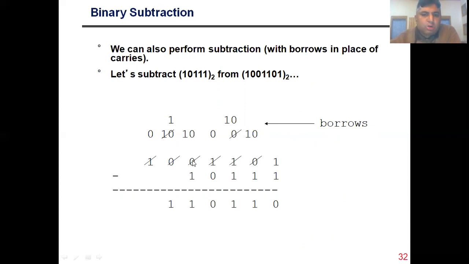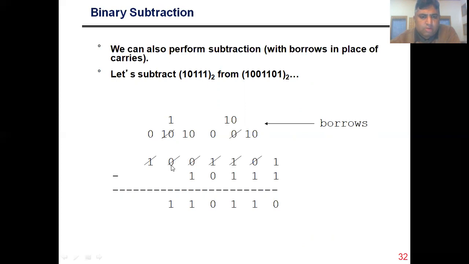Then again we cannot subtract 1 from 0, so we take a borrow here. This becomes 2. Then take a borrow here, 2. 2 minus 1 is 1. And here, when we took a borrow from here to here, this became 2, and then we took the borrow from here.